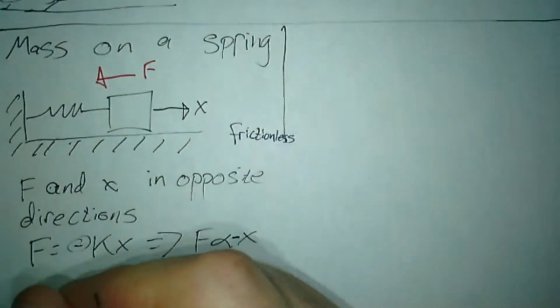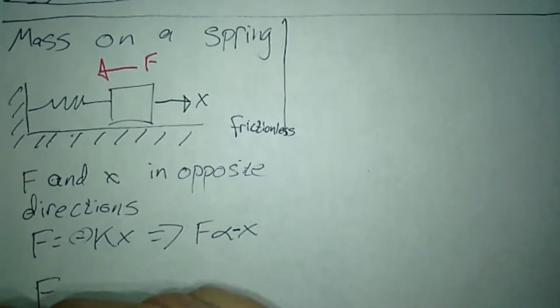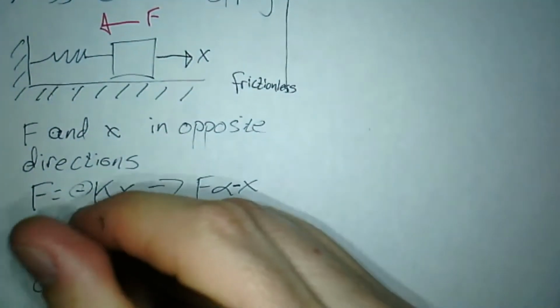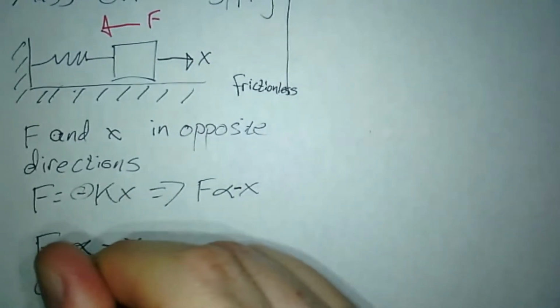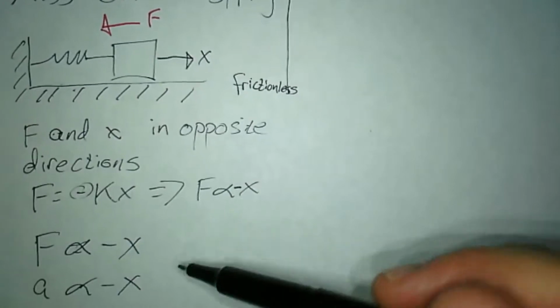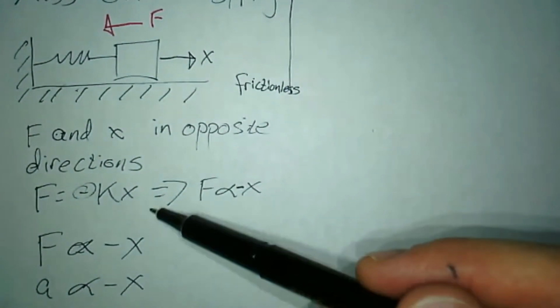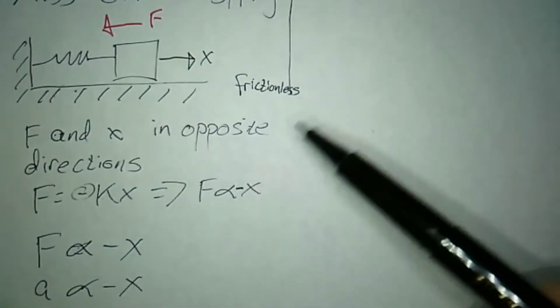And so the definition of simple harmonic motion that we want to use is going to be that force, or acceleration, I'll write both, is proportional to minus x. So while force is equal to minus kx, acceleration will be equal to minus k over m times x, right?